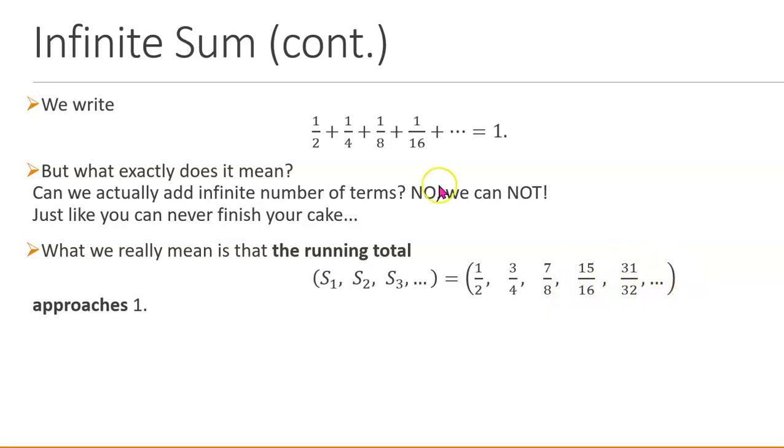So when we write 1/2 plus 1/4 plus so on equal to 1, this is a shorthand notation. We never add an infinite number of terms. We are just indicating a trend, what the running total is doing.